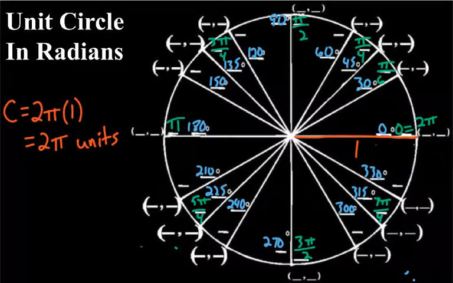All right, so now we add another pi over 6 to our first pi over 6, and we're at 60 degrees. At 60 degrees, it's going to be 2 pi over 6, which is also pi over 3. And notice that pi over 3 at 60 degrees is the same as pi over 3, or 180 degrees divided by 3.